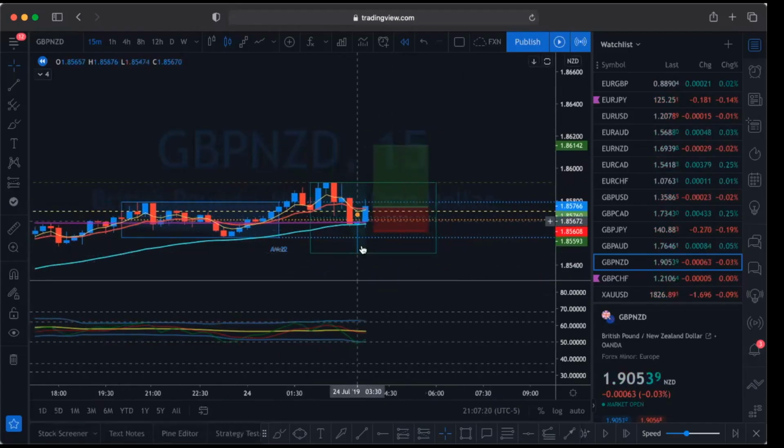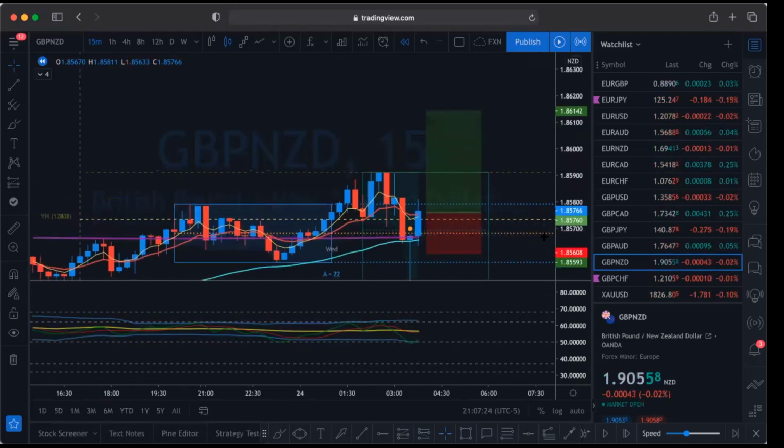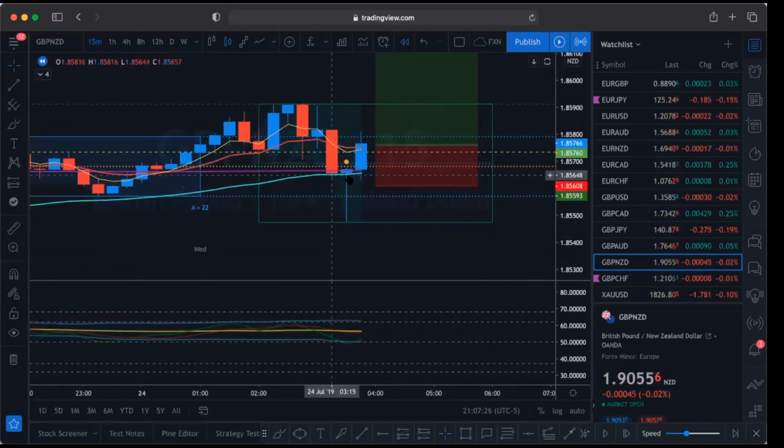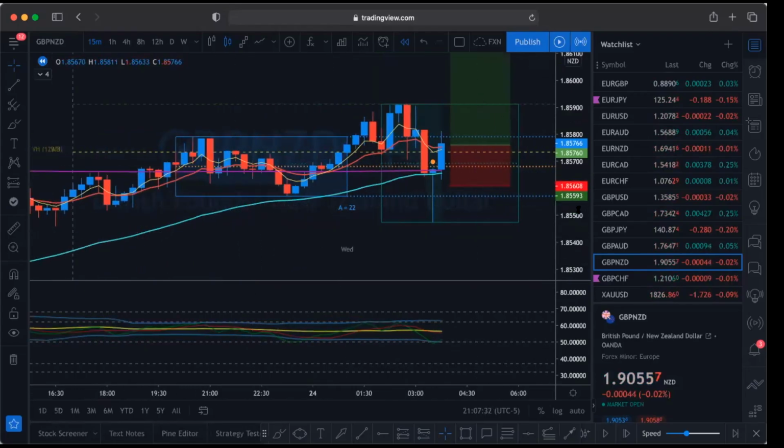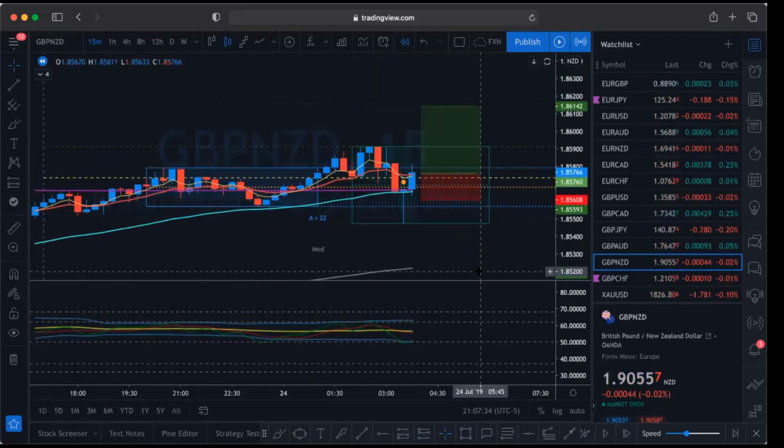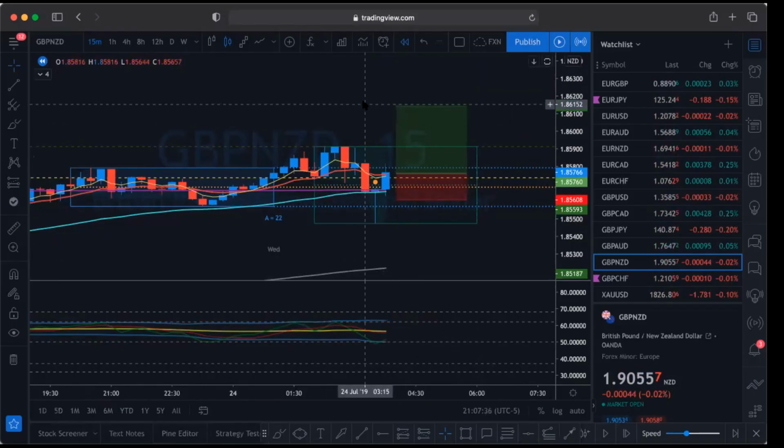The reason I don't want to come down here again either is because this spike here tells me that they don't want to come down anymore. They just did it to get people to trade, to get people in the sells. If you think about it, this candle's red. This next candle was fully red at one point.